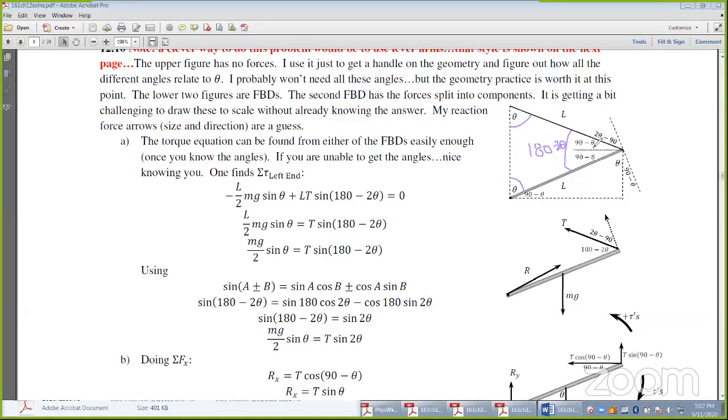Or you could say it's 90 minus theta and 90 minus theta. Another thing you could do is say, well, if this angle is theta, this angle must be 90 minus theta. So this angle is back to theta, which tells me that this angle is 90 minus theta. Sorry, that looks sloppy. You can see that this angle right here must be 90 minus theta.